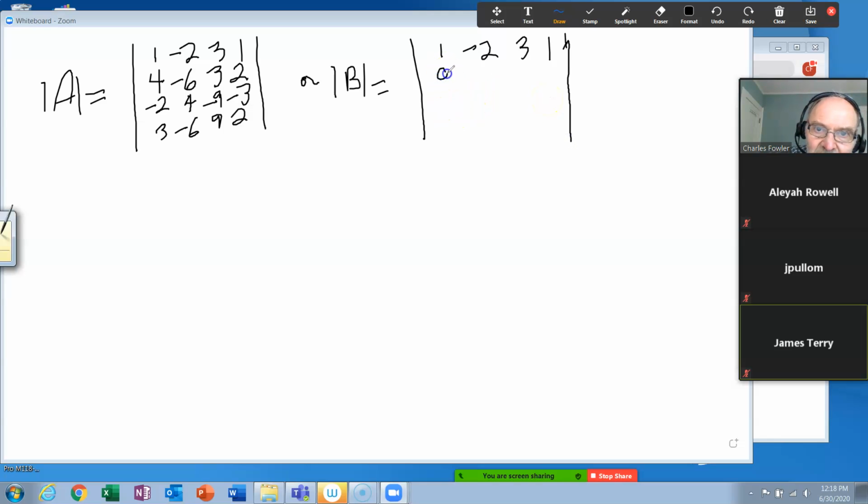This time the second row is 0, 2, -9, -1. Third row is 0, 0, -3, -1. And the fourth row is 0, 0, 0, -1. Which of those two would be easier to find the determinant?